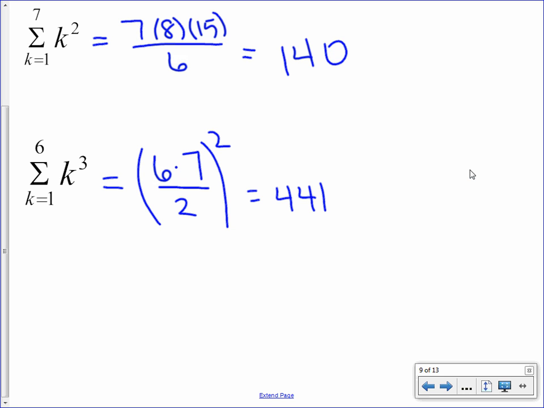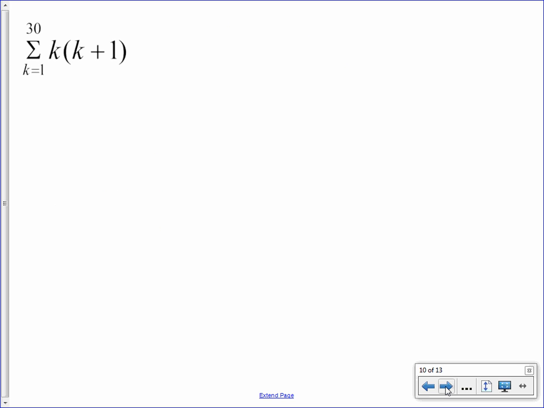How did you say that? 21 squared is not an uncommon thing to know. Well, you take 20 times 20, and you get 400, and then what?